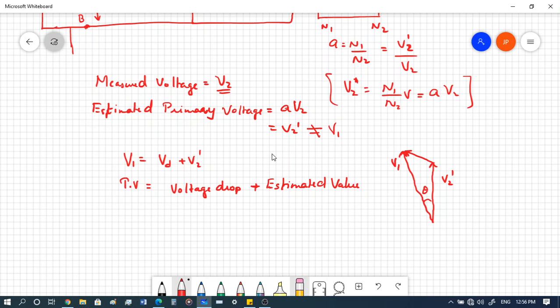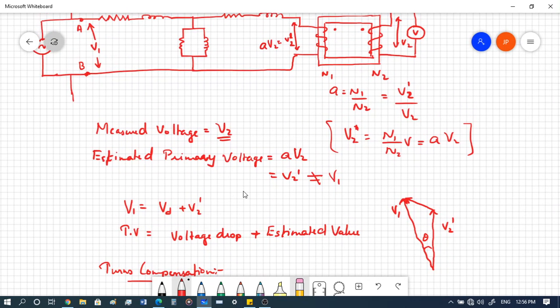So turns compensation is the main method that is used over here in order to compensate this error, right? We have already seen how turns compensation is done. In this case also we use the same technique in order to overcome, or nullify, the voltage drop.